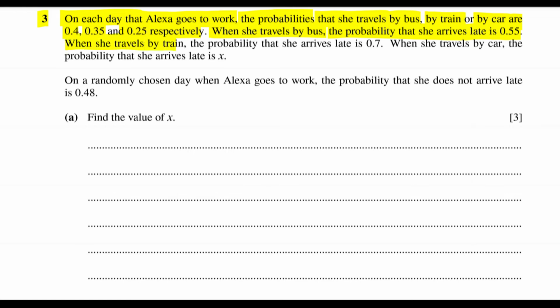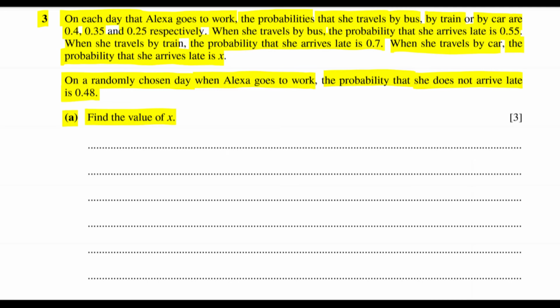When she travels by train, the probability that she arrives late is 0.7. When she travels by car, the probability that she arrives late is x. On a randomly chosen day, the probability that she does not arrive late is 0.48. Part A is find the value of x.